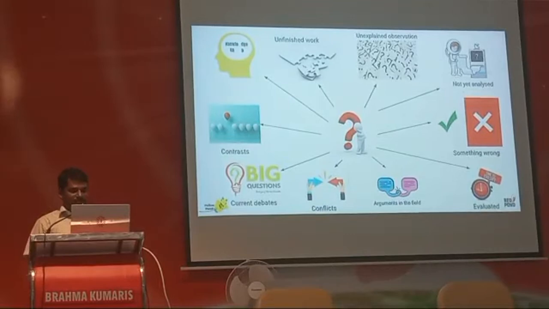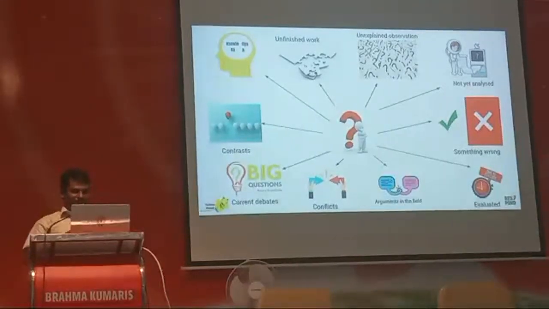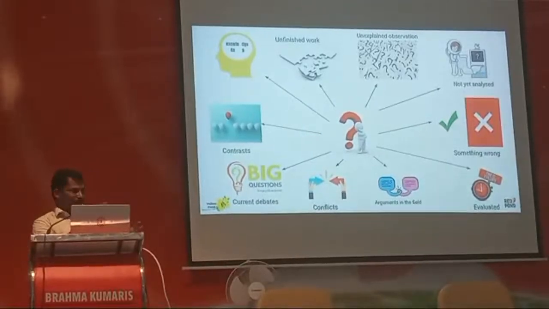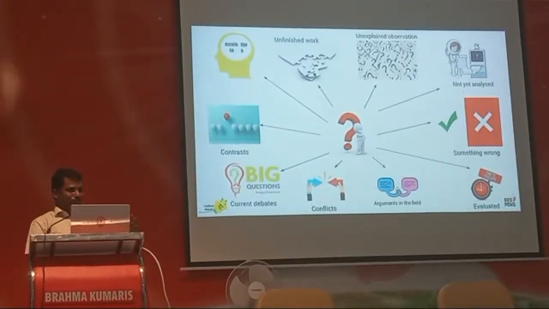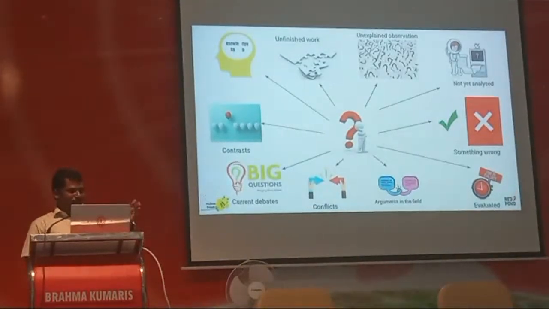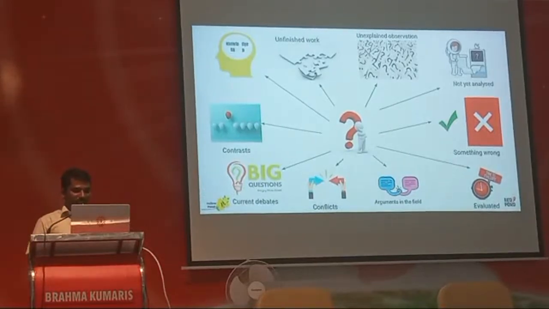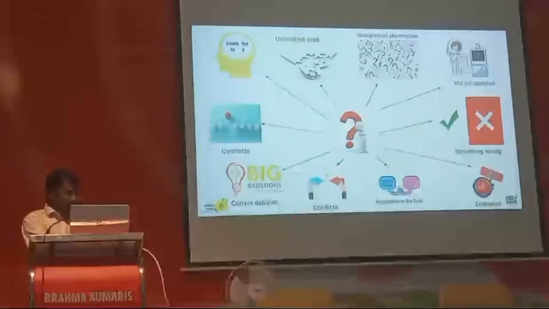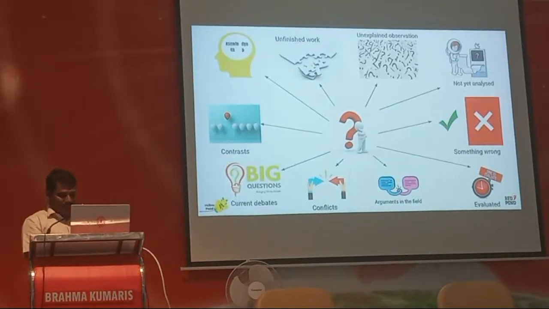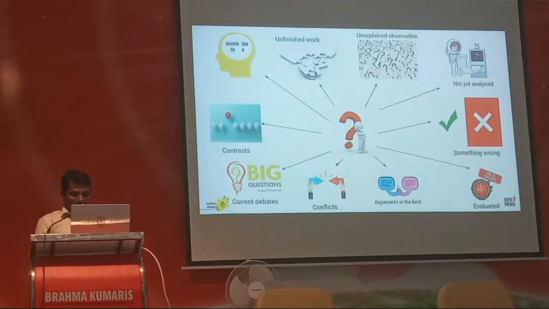You can take that as a research problem. Some areas are predominantly discussed at a particular time. When you go to social media, the hashtag will be trending. So you can find out the trending as your research problem. And the conflicts, and finally the current development you can take, and the contrast, something different from the normal. These are the areas or sources, I can say.